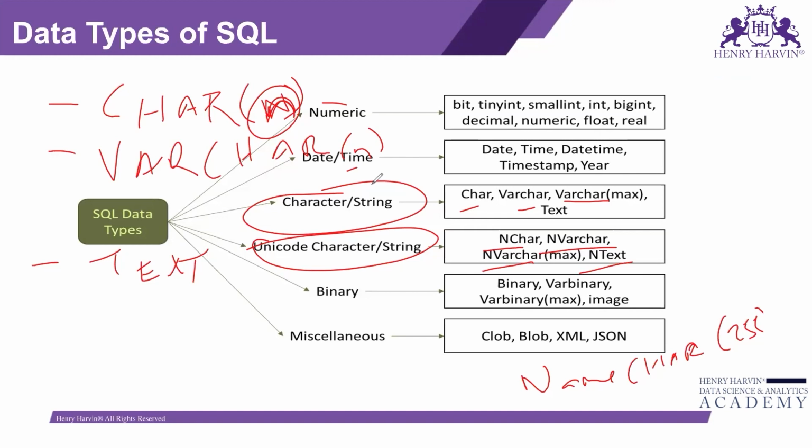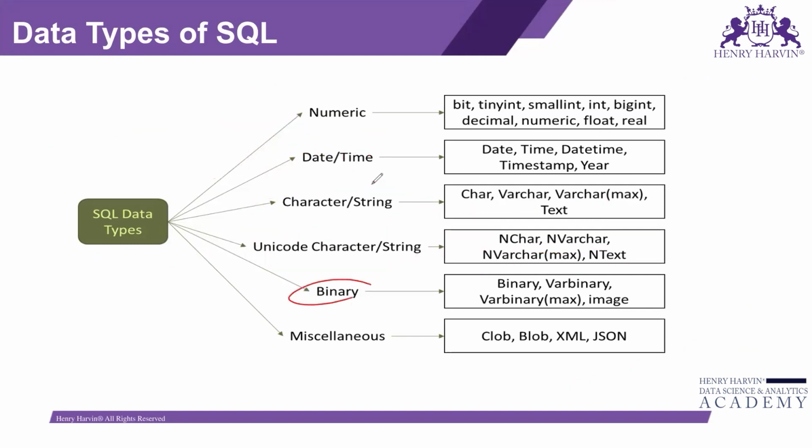Yeah, it's more or less the same as the one that we've discussed previously. The other bit that we have is the binary. So the binary data types. In the binary data types, we have, number one, binary itself.